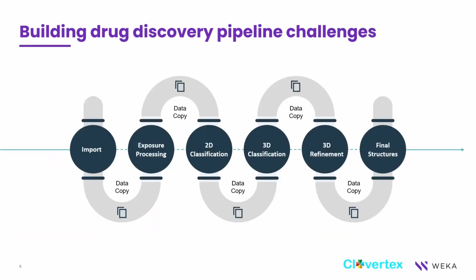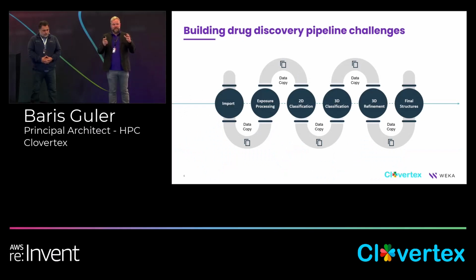Let's jump into the pipeline for a second. Baris is certainly an expert here, but ultimately what's required as part of this pipeline is different parameters on which performance is being measured as it moves through the pipeline. This is a more traditional architecture, and you see data copy and movement through the process. Baris, can you talk a little bit about this and the challenges that customers face relative to this? Sure, yeah.